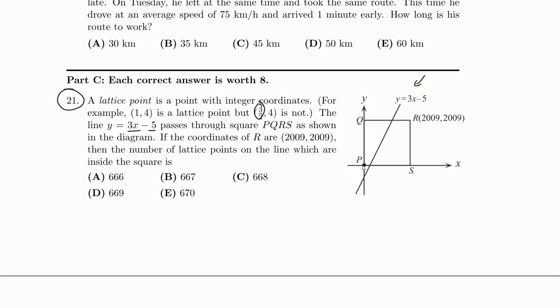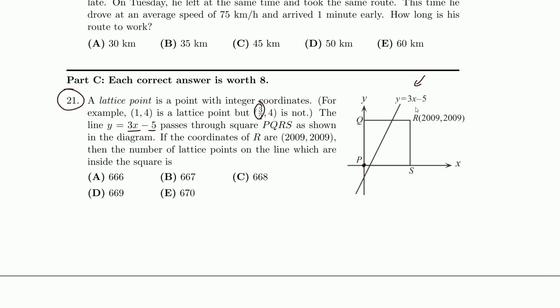So we don't have a lot of problems here in terms of finding lattice points on the line. As long as x is an integer, 3x minus 5 will be an integer. So you just need to make x an integer, and as soon as x is an integer, y is also an integer.